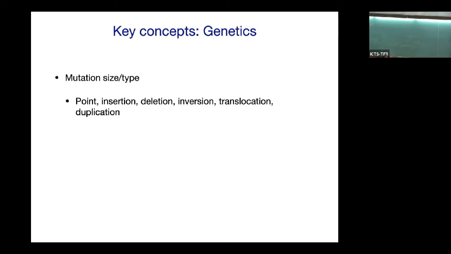Yes? Will the number of loci always remain the same? Like when the duplication happens, will it change the current sequence, or will it just add to that? It will add. Typically, we're talking of duplications.